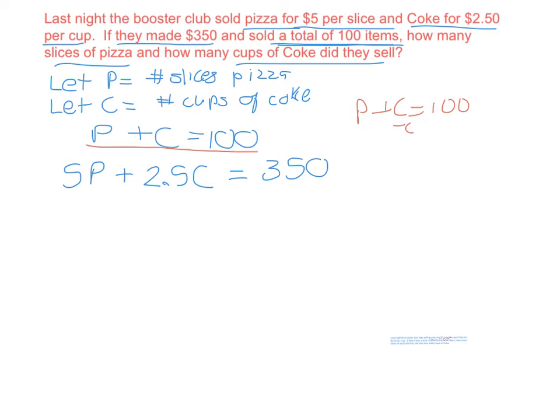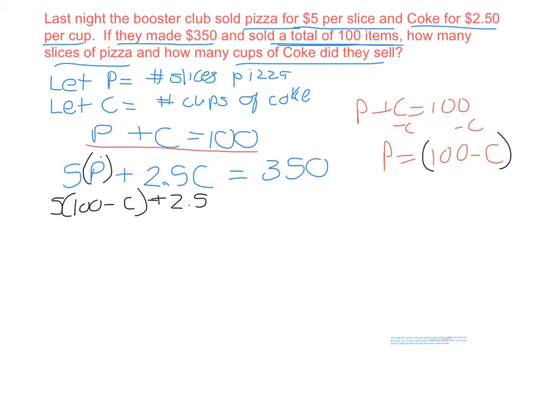So I'm going to subtract C from both sides and get that P equals 100 minus C. So I'm going to use substitution by saying, okay, I know what P equals, 100 minus C, so I'm going to substitute that right in for this P. So I have 5 times 100 minus C plus 2.5C equals 350. I'm going to distribute: 500 minus 5C plus 2.5C equals 350.